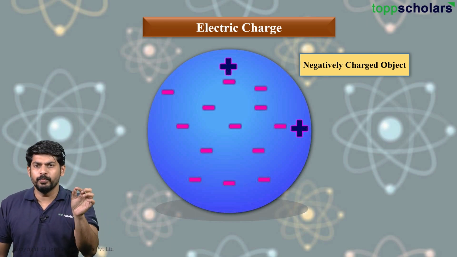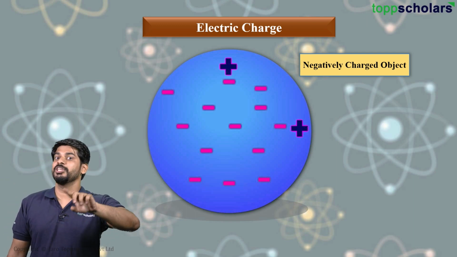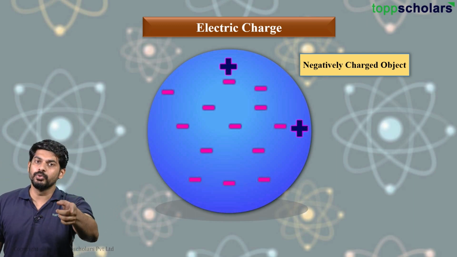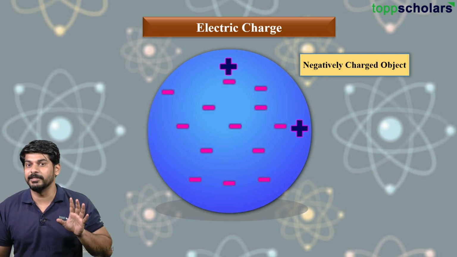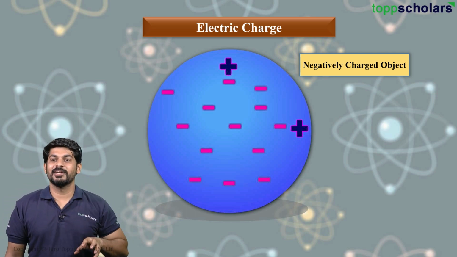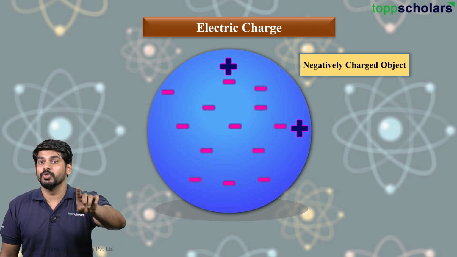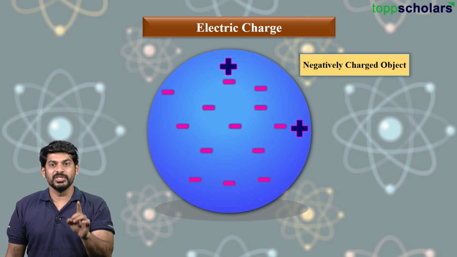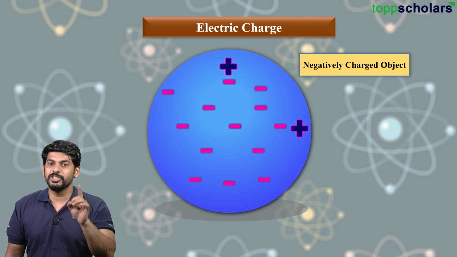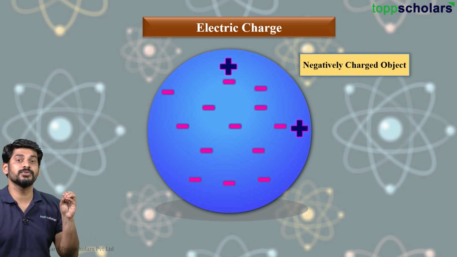We can see a few positive charges also present over here, but again these positive charges may be neutralized by other negative charges present in the vicinity, but the remaining charges may produce an effect that the object as a whole will become negatively charged. So, this is nothing but a negatively charged object, something that has got excess negative charge.